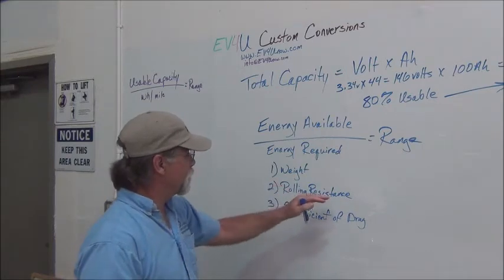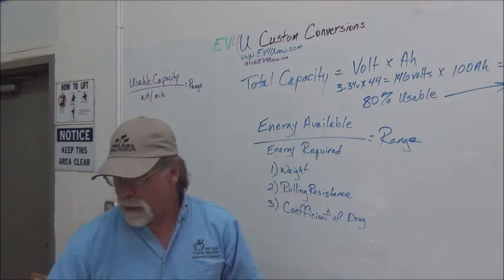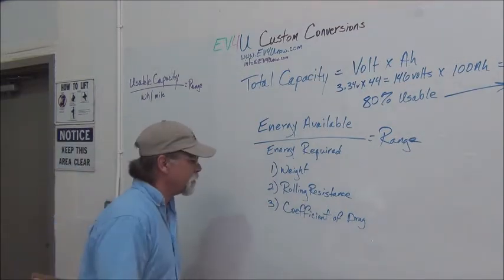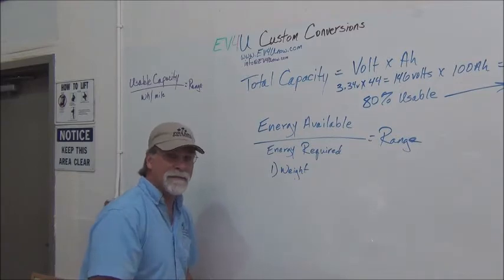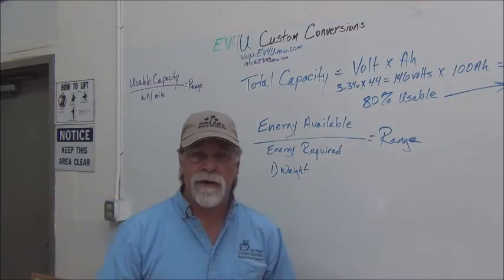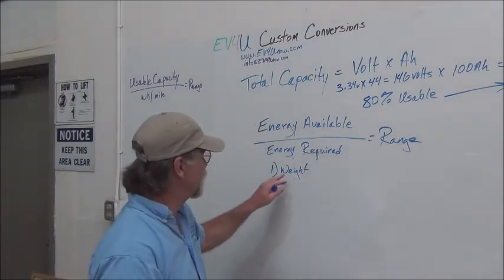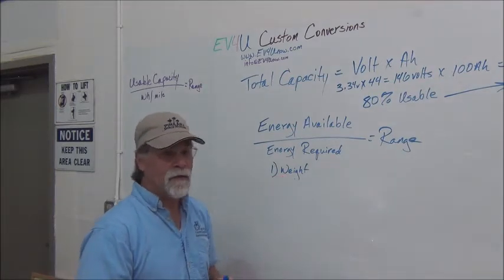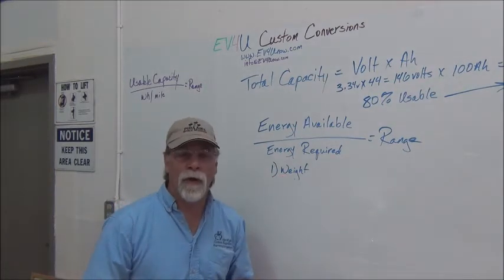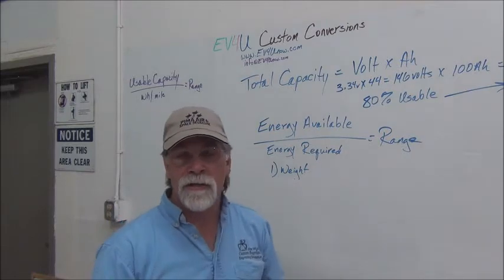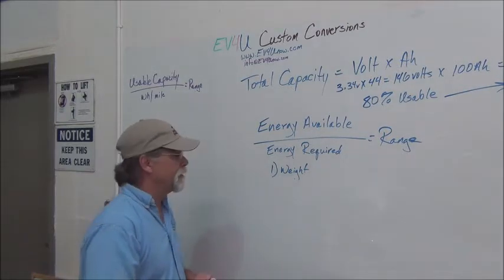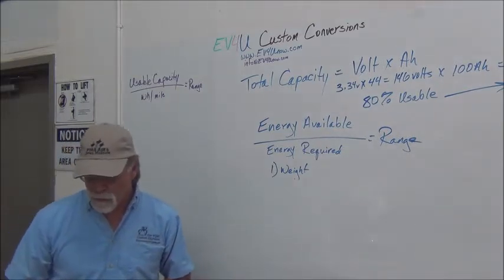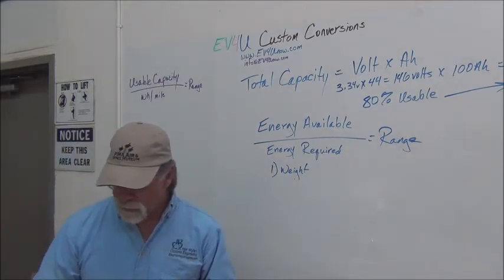Now, these two are kind of hard to measure. But the weight is an easy one for us to measure. So we're going to do it based on weight. What is the relationship of weight to the energy required? So we're going to weigh the vehicle. And so what else can we do then?